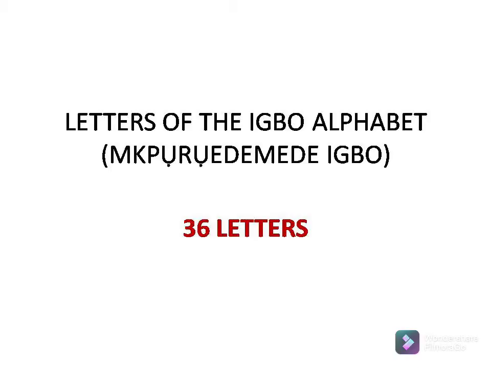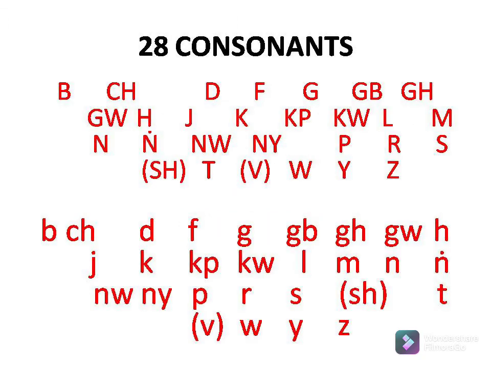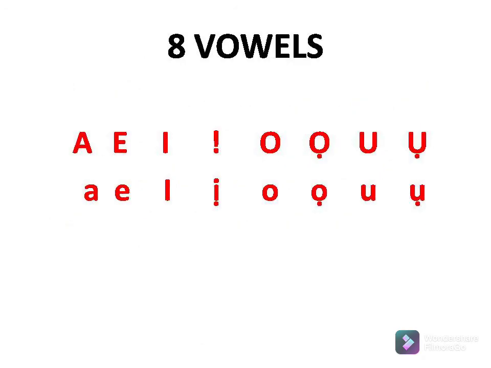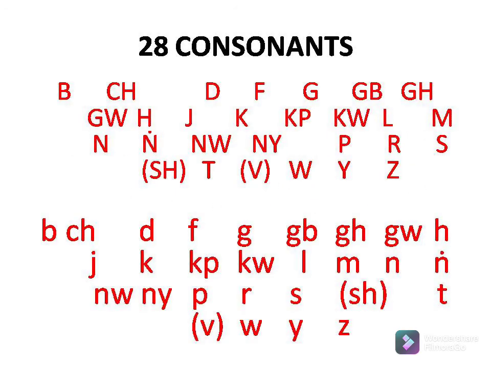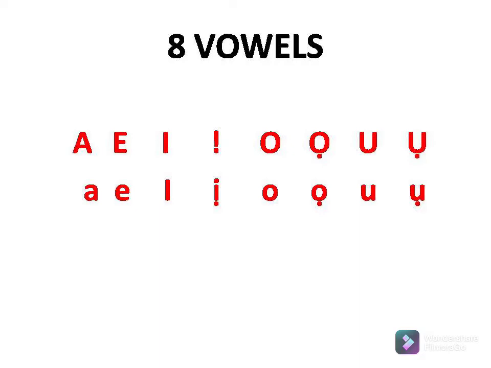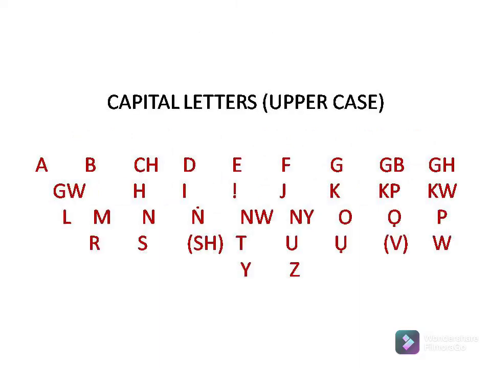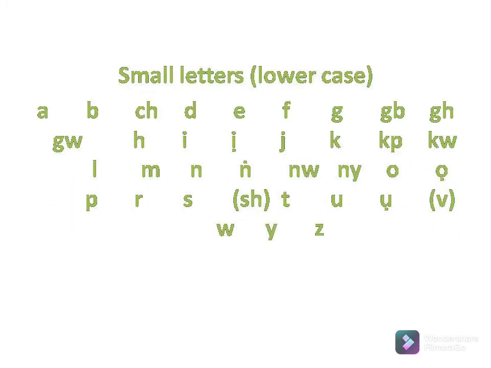These letters are 36 in number, and they are divided into two: the consonants and the vowels. The consonants are 28 in number, while the vowels are 8 in number. On your screen, you'll see the letters in their capital forms and the letters in their small forms.